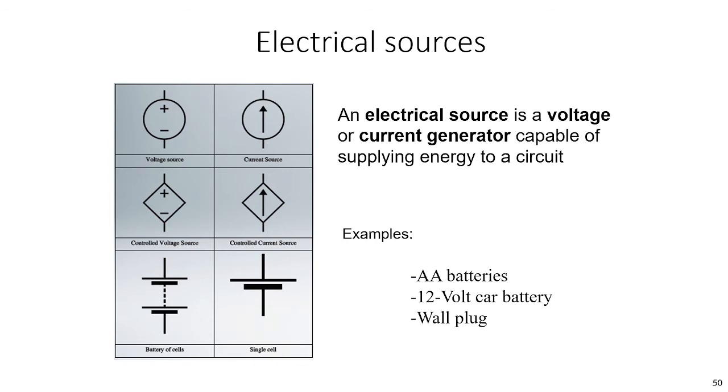So when we see the circle symbol, this is a constant source. But this type of symbol is a dependent source, a controlled source.